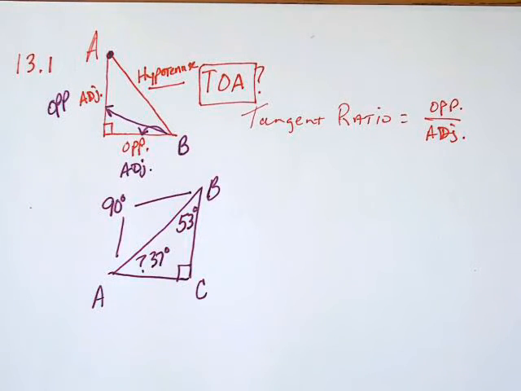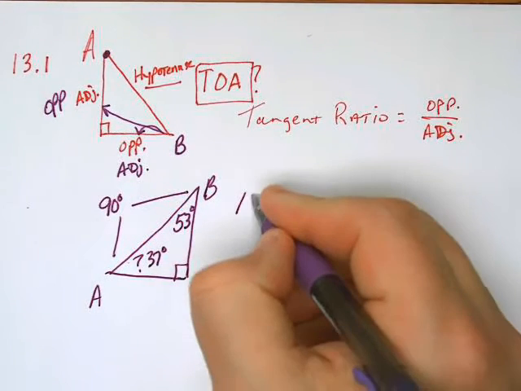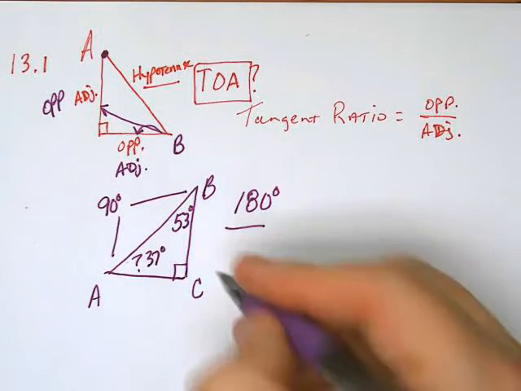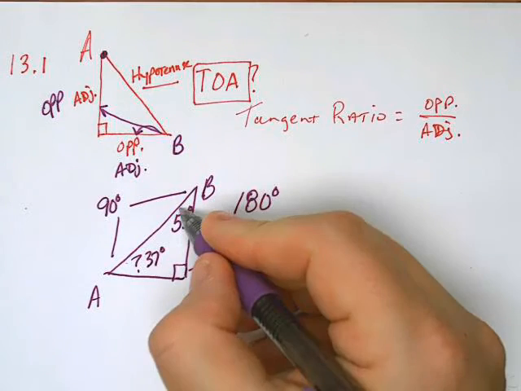Why, Sears? Why do we know that these two angles add up to be 90? Because in a triangle, we know that the sum of all three angles is 180. And since we know that this is already 90, because it's a right triangle, then these two have to add up to be 90.